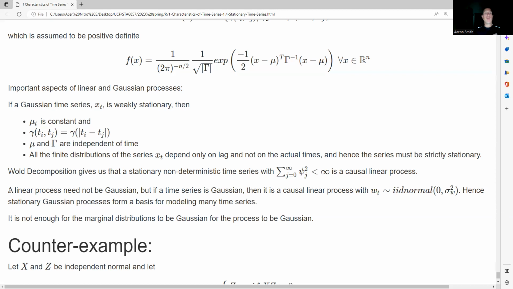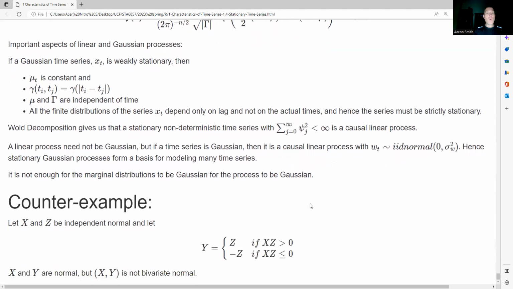A linear process need not be Gaussian, but if a time series is Gaussian, then it is a causal linear process with W sub t being IID normal. We're going to use stationary Gaussian processes as the basis for many of our time series models.